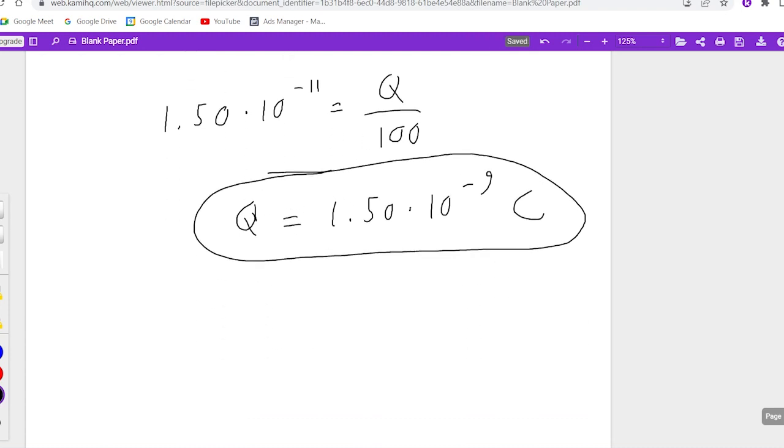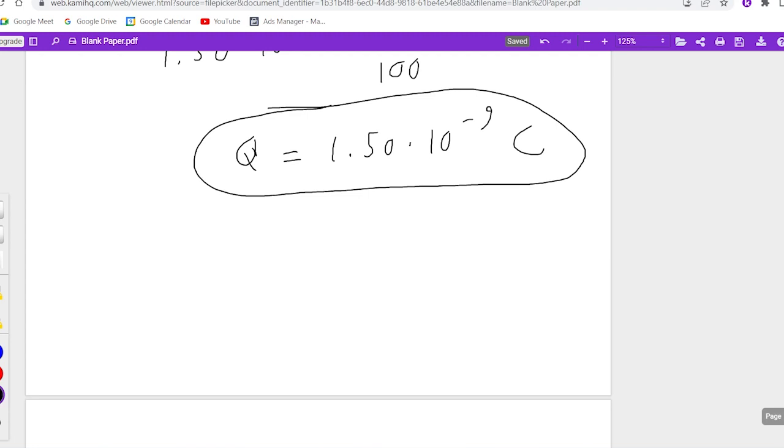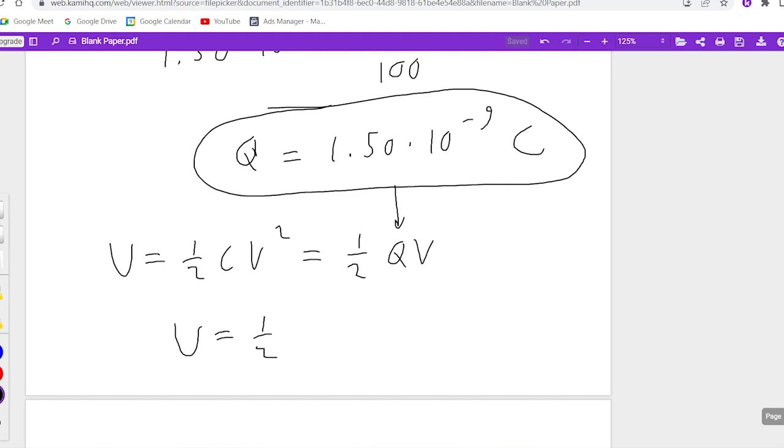And if we want to find the energy now, the energy is going to be U equals 1/2 CV squared. Or there's a second equation for energy, 1/2 just Q times V. Both work. You can use whichever one you want. Since we just found the charge, let's use the second one. Energy equals 1/2 times 1.50 times 10 to the minus 9th times the voltage, which is 100.